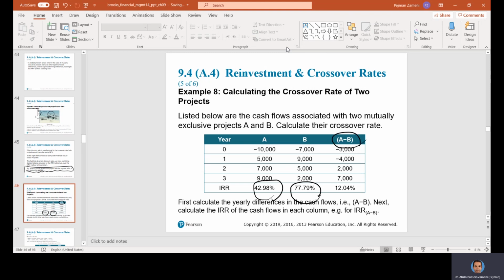A minus B means negative 10,000 minus 7,000 gives us 3,000, and we do the same thing. 5,000 minus 1,000, 7 minus 5, 9 minus 2,000, and then we do the same technique. NPV equal to 0 gives us the IRR, which is the crossover rate.